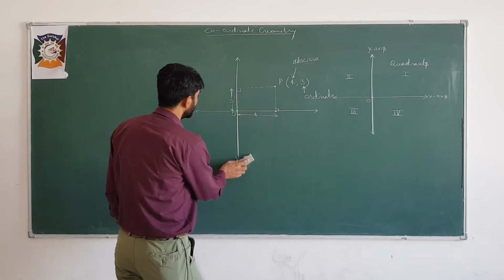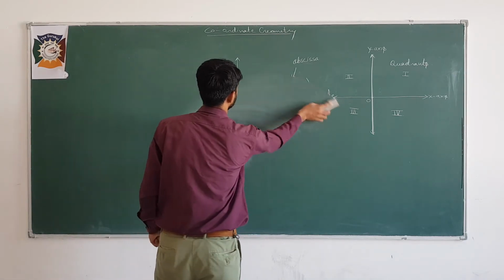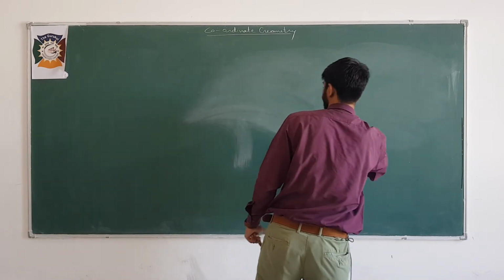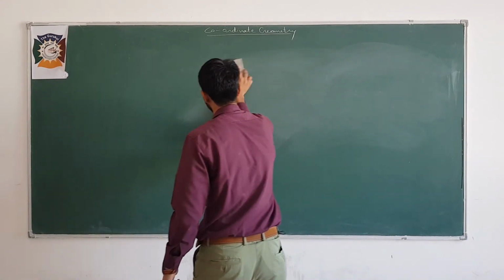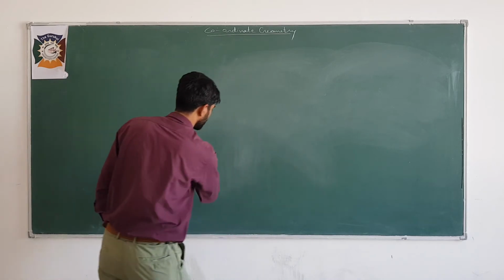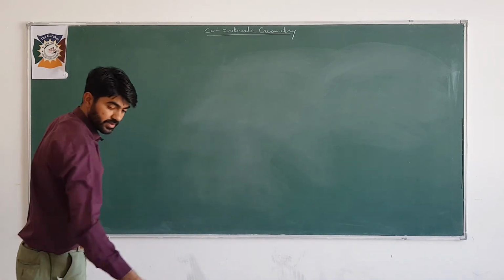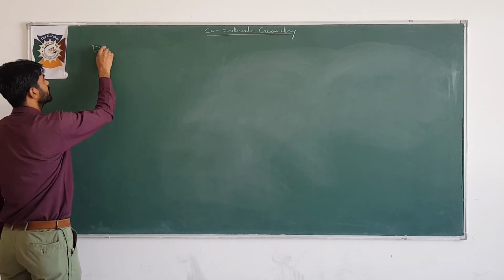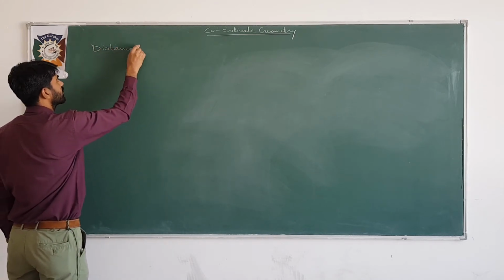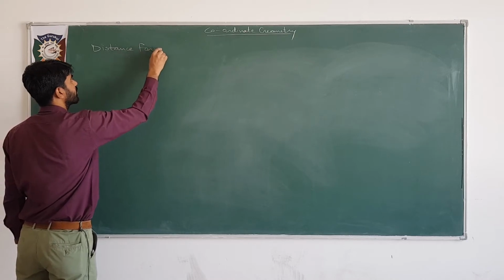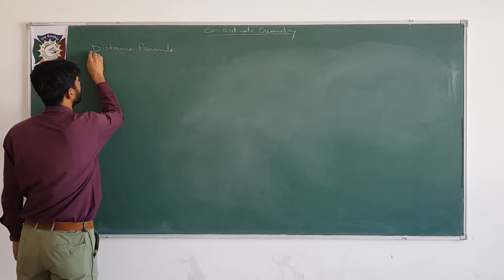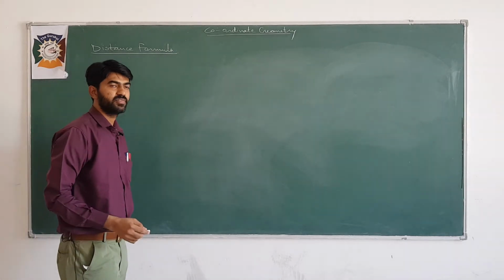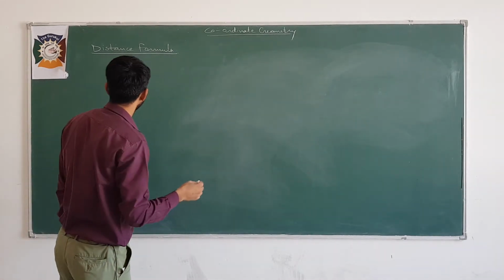Now, what is new in 10th class? In 10th class coordinate geometry, we will begin with distance formula. What is distance formula? Suppose 2 points are given and we need to find distance between them.